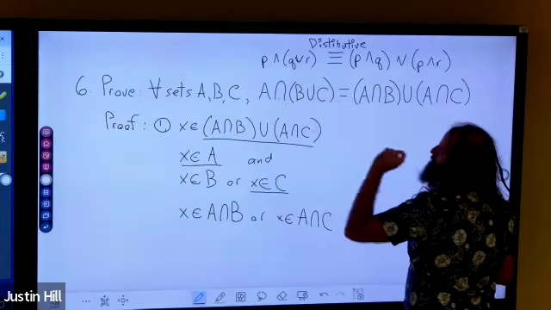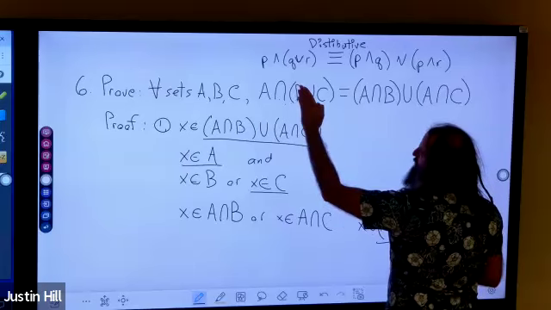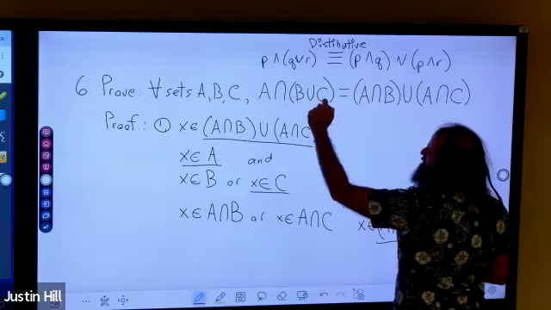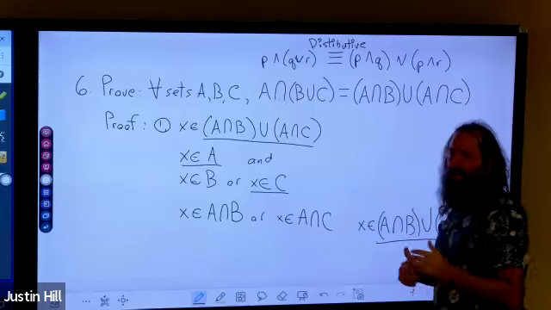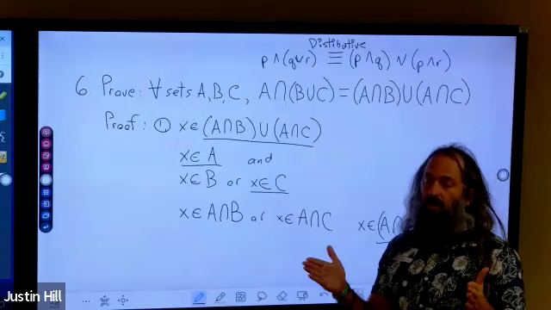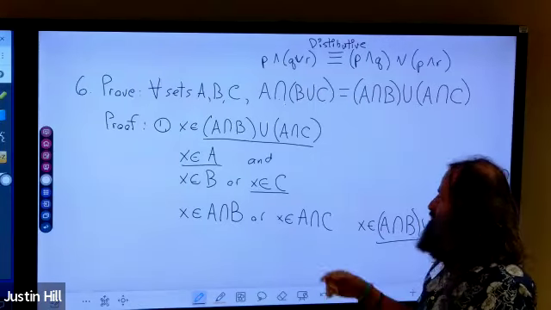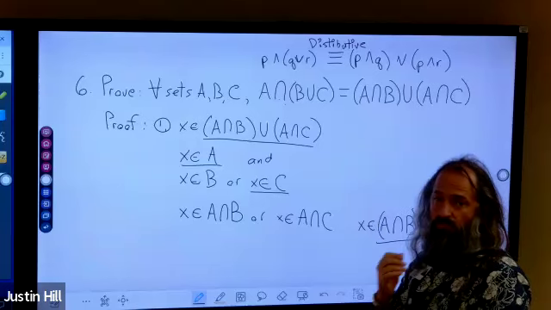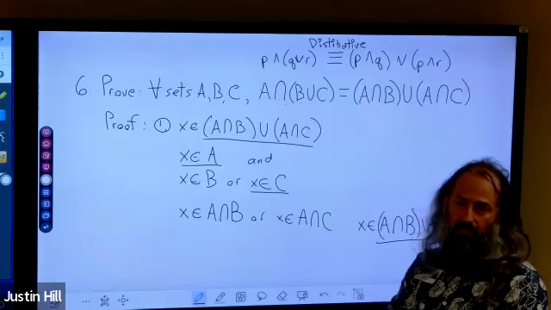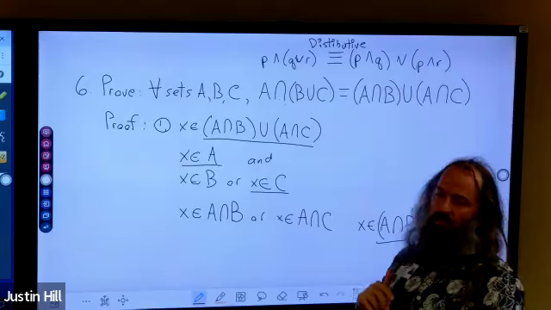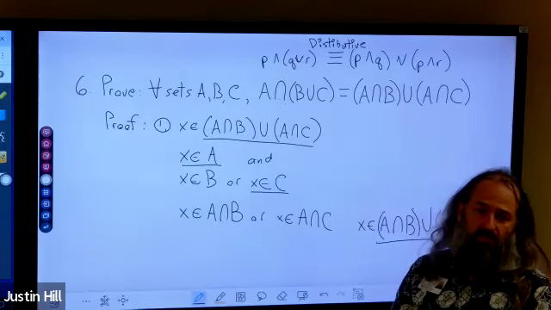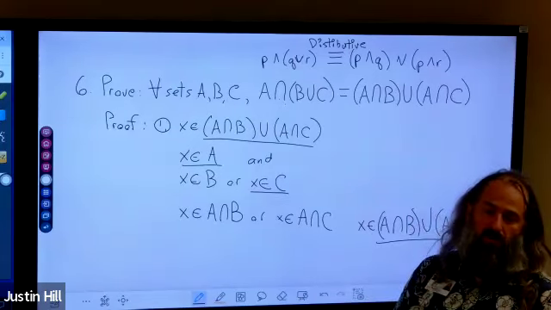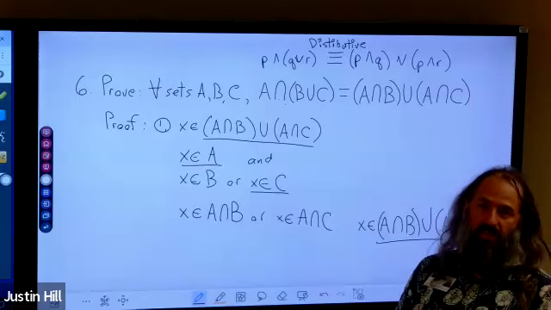And then union means or, so X is in A and it's either in B or C. And then she makes two cases out. She rearranges those together, which we can actually do because of, she doesn't actually mention the reason here, but we can do that because of the distributive property with logical statements. That's actually what we're doing.